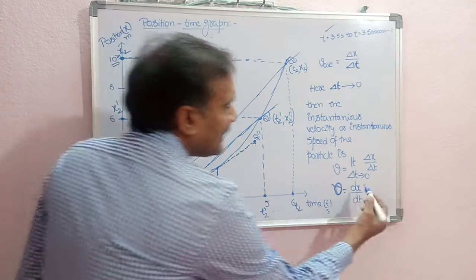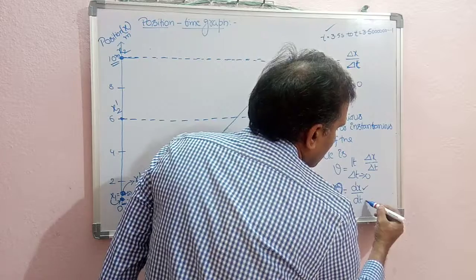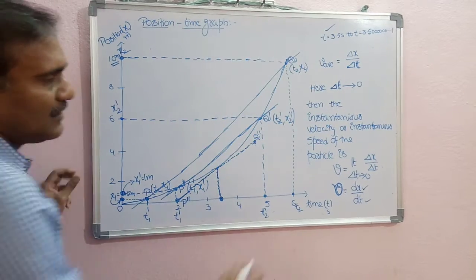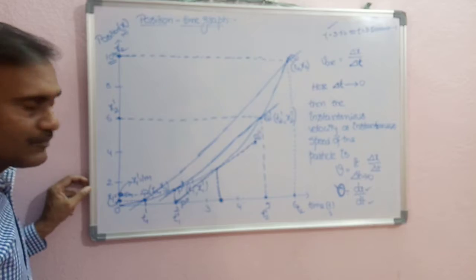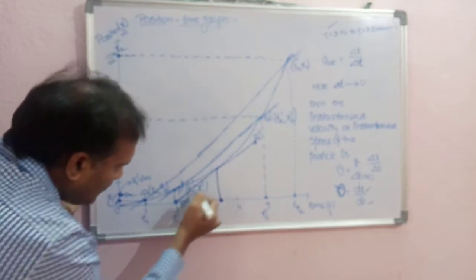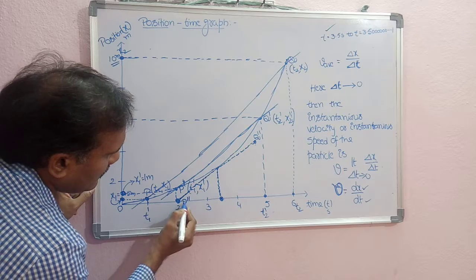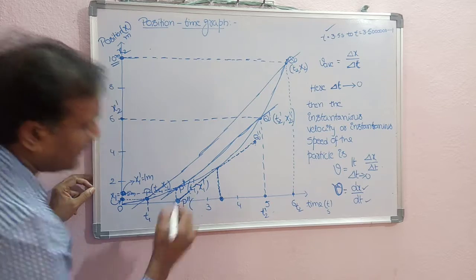Now, how to calculate the change in y coordinates and the change in x coordinates? Listen to me. With respect to this line, I want to consider the coordinates of P double dash.